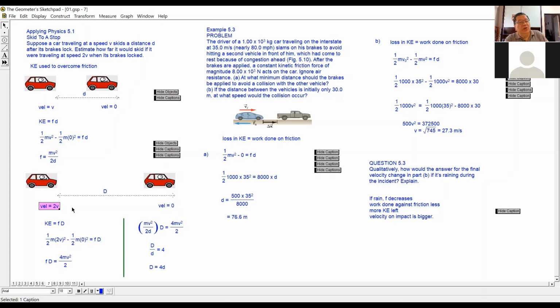How much bigger, we don't know. And we see that kinetic energy is proportional to the square of the velocity. So when you square this velocity, 2v becomes 4v squared, compared with only v squared in the first case. So actually it is 4 times, because we square the velocity. That's why the distance here is 4d. Any questions?